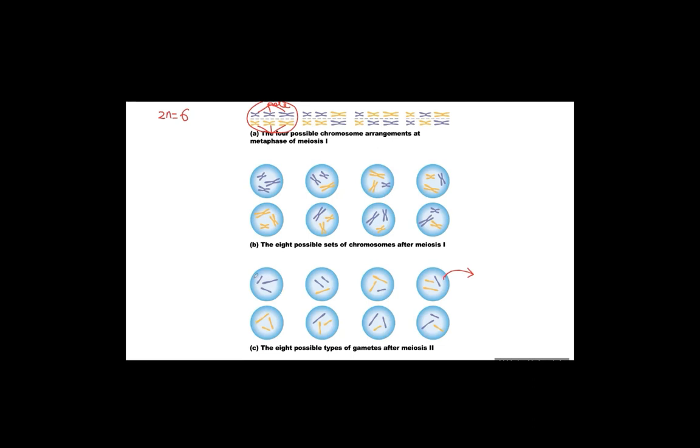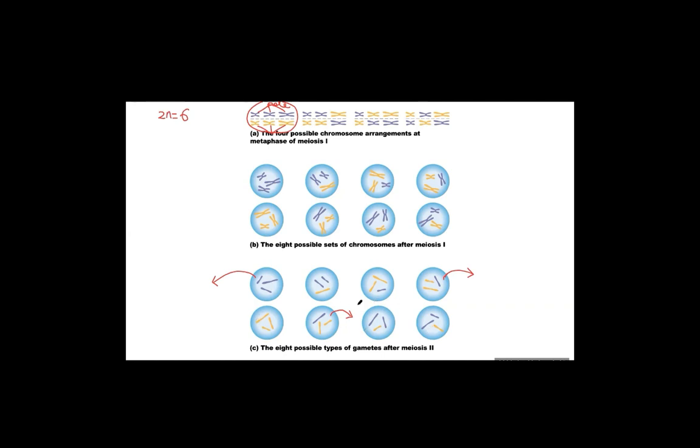Maybe your sister might choose this gamete to form a zygote. Maybe your brother might choose this gamete. That's why in this world, everyone has uniqueness except identical twins. So you have 8 kinds of possible gametes.